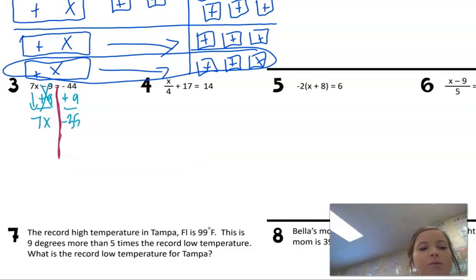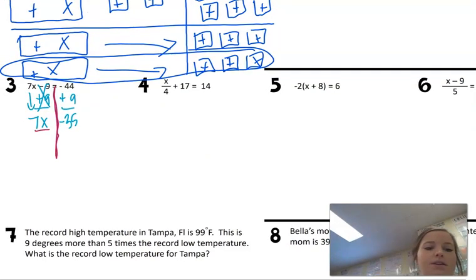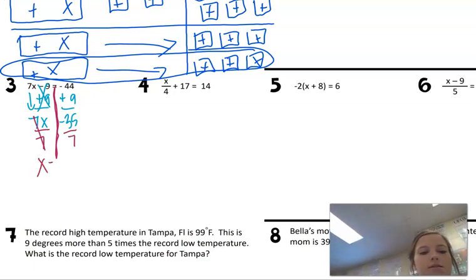So the opposite of multiplying by 7 would be dividing both sides by 7. 7x divided by 7, we're left with 1x. And then negative 35 divided by 7, we are going to get negative 5. So we get x equals negative 5.